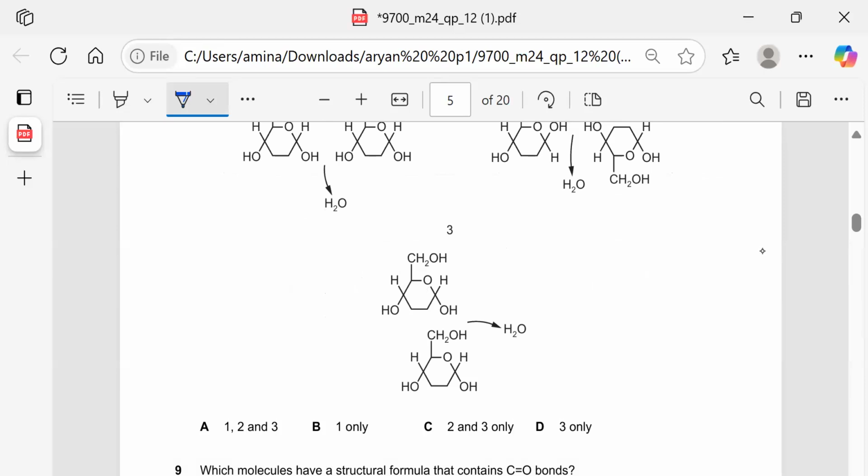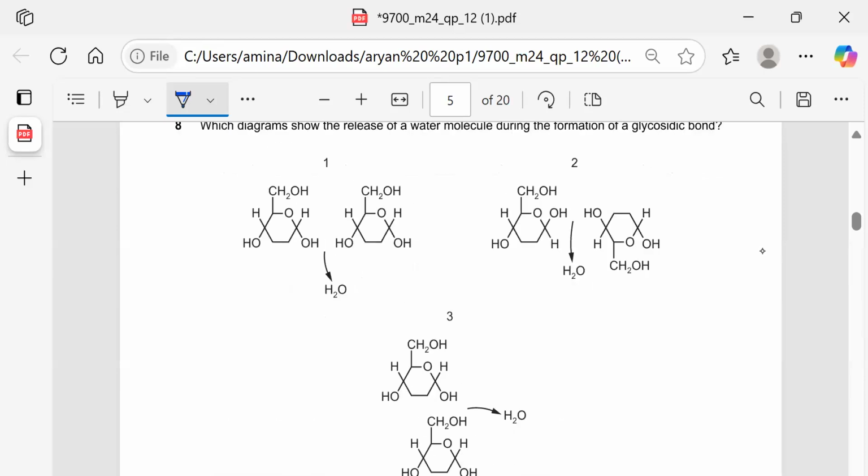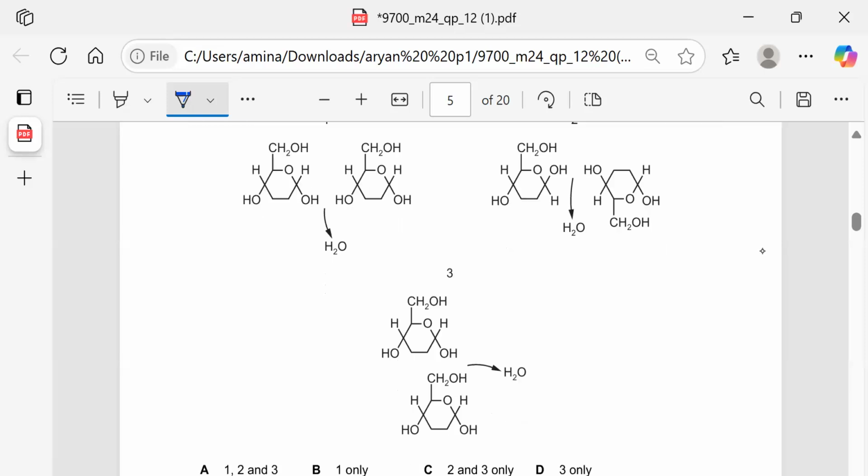Which diagram shows a release of water molecule during the formation of glycosidic bond? Okay, so I can see as the condensation is happening between the two, water is getting released over here.